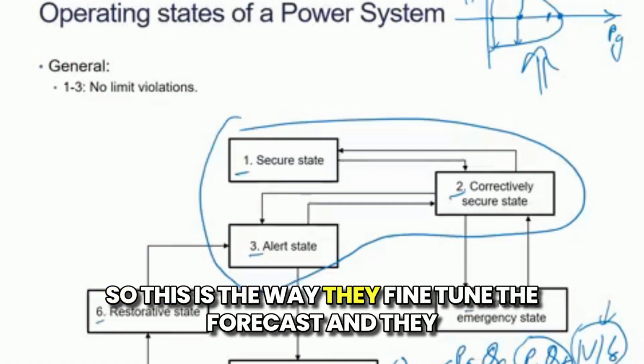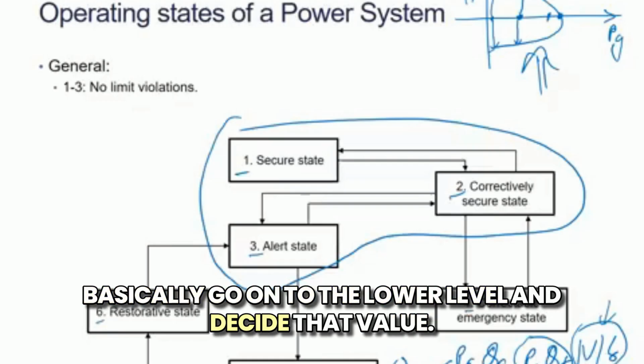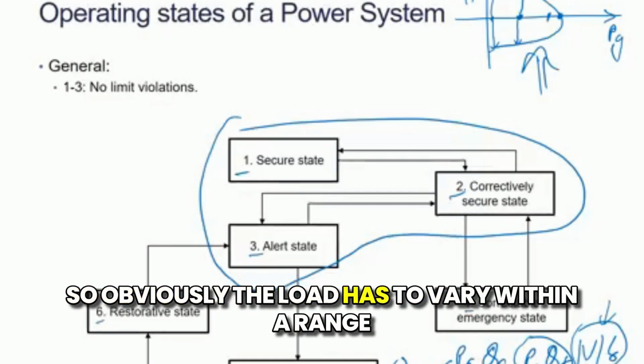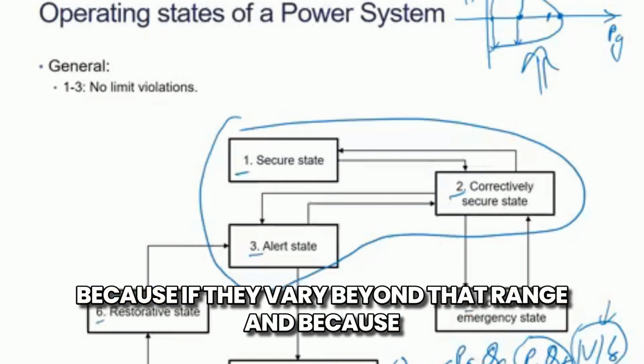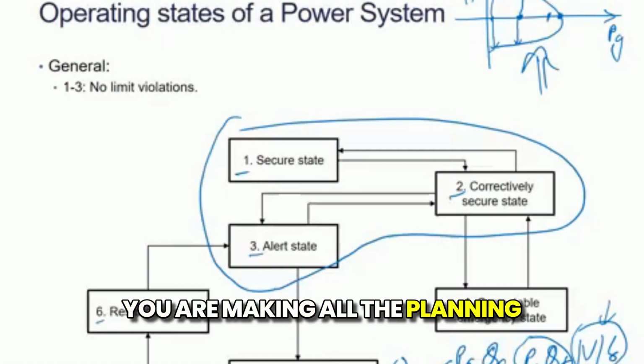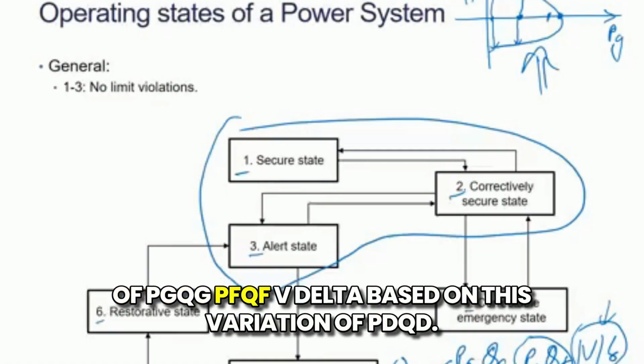This is the way they fine tune the forecast, and they go to the lower level and decide that value. The load has to vary within a range, because you are making all the planning of PG QG, PF QF, V and delta based on this variation of PD QD.